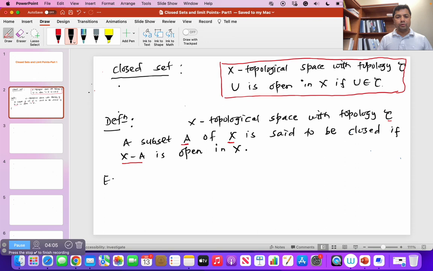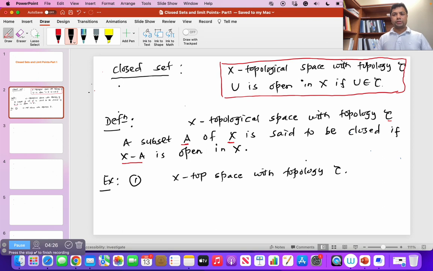Now let me give you a few examples of closed sets in a topological space. Let's say X is a topological space with topology tau, and by definition of topology we know that the whole set X and the empty set are both in the topology tau.